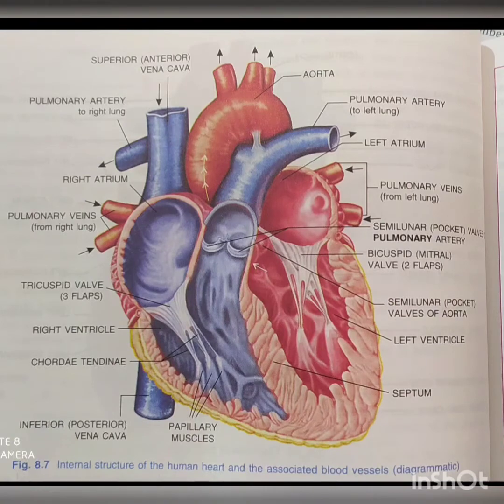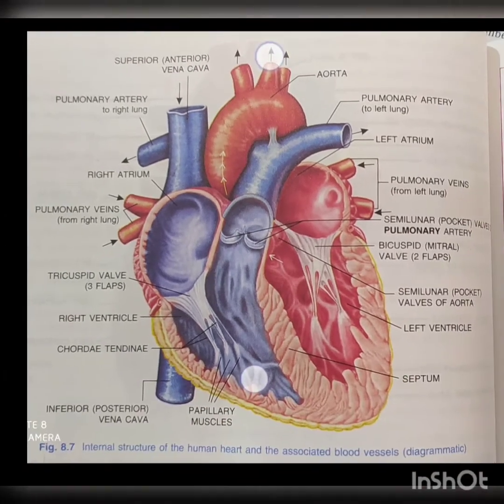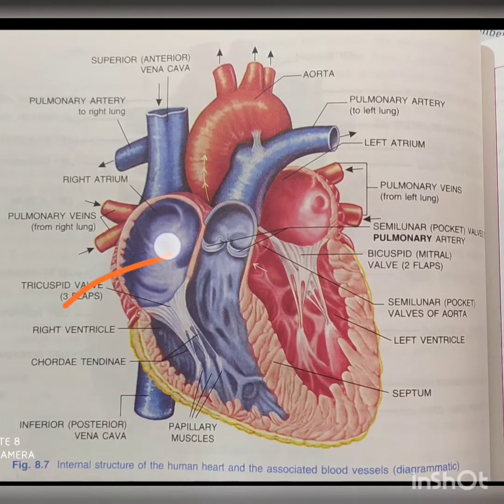The right auricle receives the impure or deoxygenated blood rich in carbon dioxide through two large veins, the superior vena cava and the inferior vena cava. The superior vena cava brings the impure blood from upper parts of the body, and the inferior vena cava brings the impure blood from the lower parts of the body.